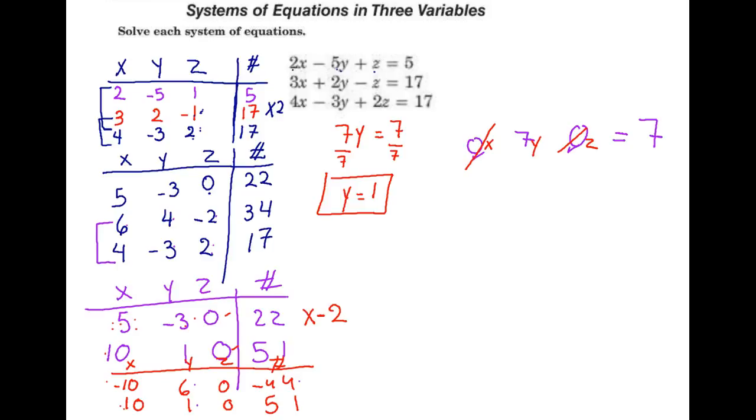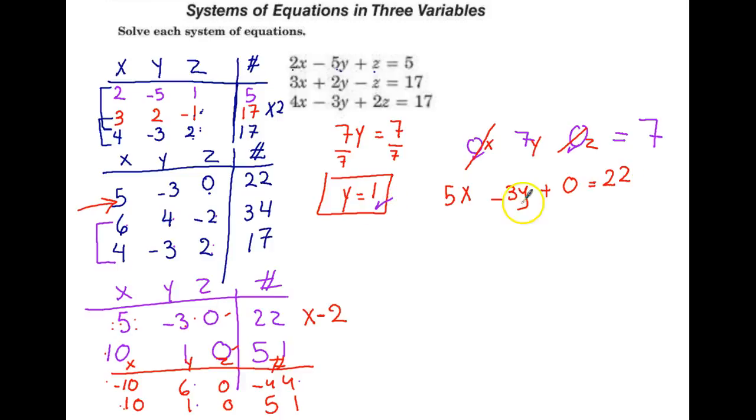So I have a y and one more variable, and I can use this equation: 5x minus 3y plus 0 equals 22.